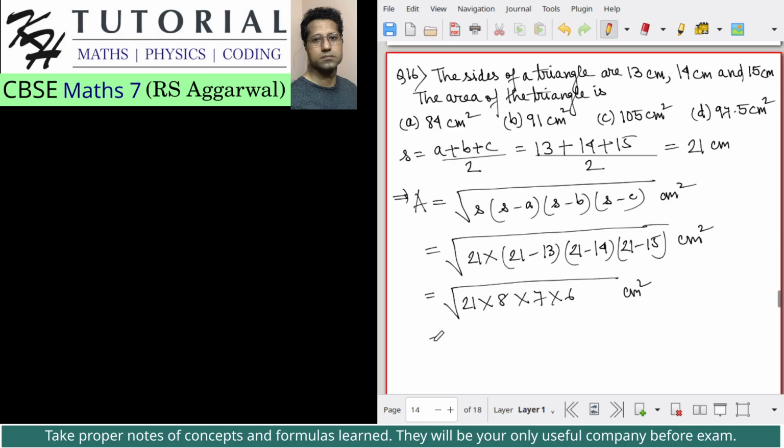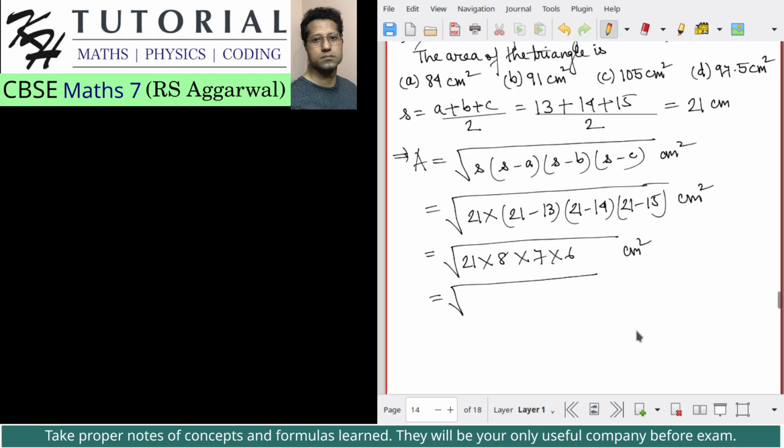Now inside the square root, we have to express the value as a perfect square. So 21 is 7 into 3. 8 is 4 into 2, and 6 is 2 into 3.